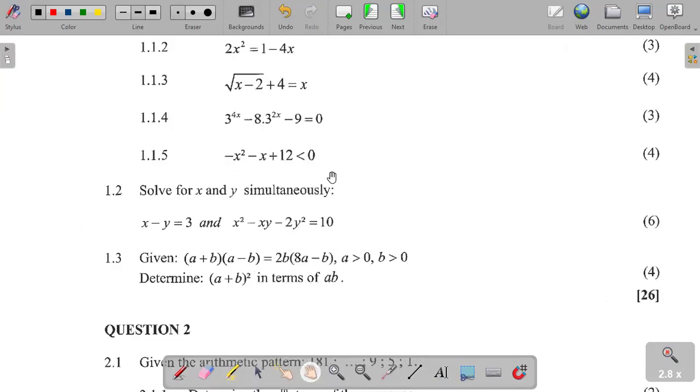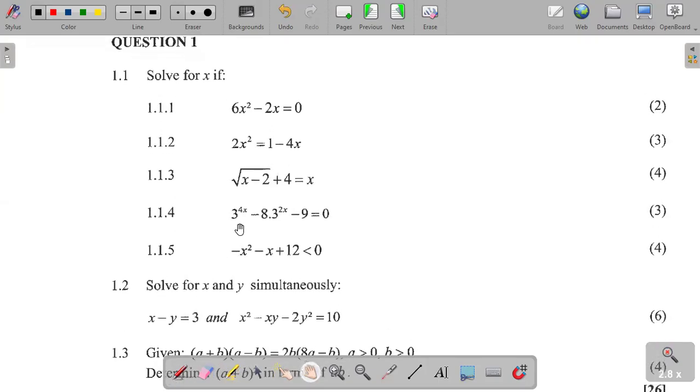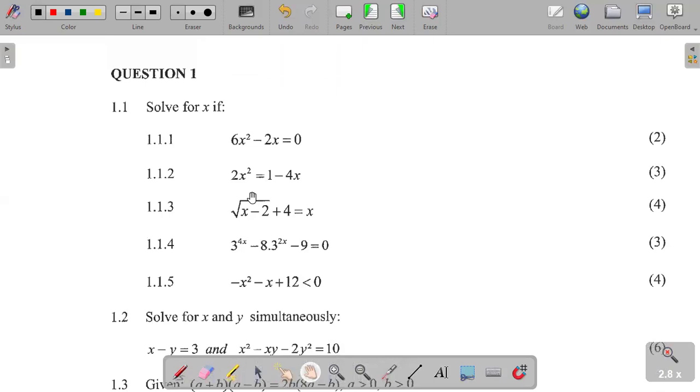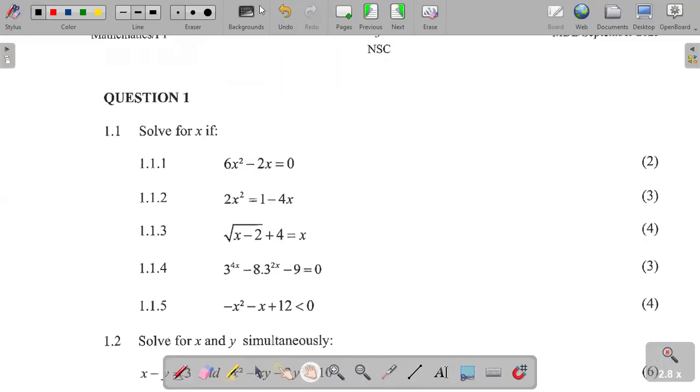Let's go to 1.1.4. So 1.1.4, let me try to do it here. It says negative x squared minus x plus 12 is less than 0.